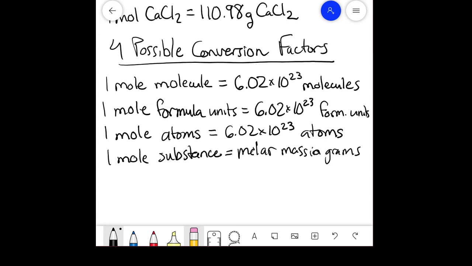I don't think I need to write that again. So those are your 4 possible conversion units. So if you're converting, you see molecules, formula units, atoms, you're going to use Avogadro's number in there somewhere. If you don't see any of those 3 words, then you don't need it, and you're just going to convert. It's basically a dimensional analysis, which we learned earlier in the year, and that's kind of it.